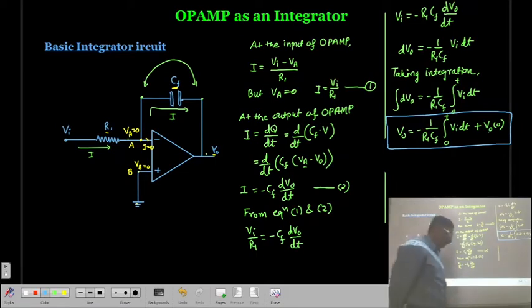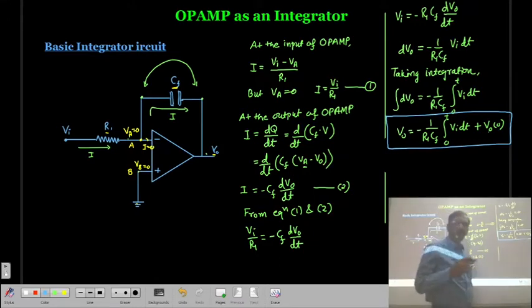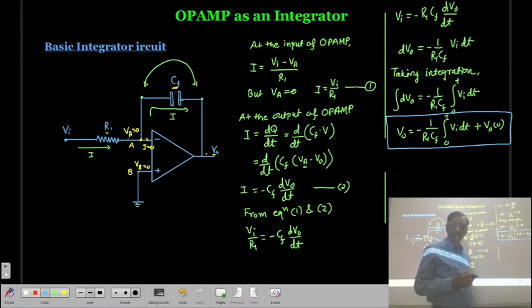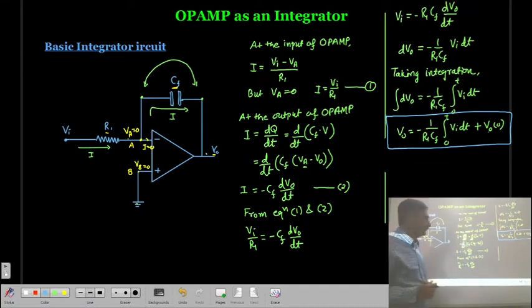Okay? Now let us say that here at the input, if we apply different types of waveforms, if we apply a sine wave, square wave, step input, then what will be the output waveform? We will see the change in the shape of the signal due to the integration of your input signal.